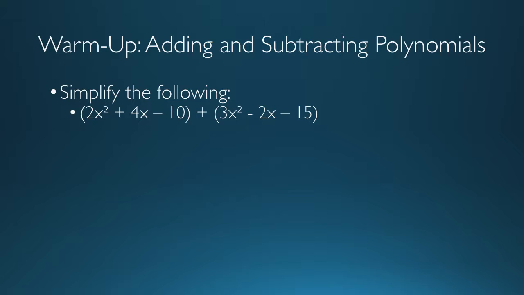So firstly, you need to add the following two trinomials: 2x squared plus 4x minus 10 plus 3x squared minus 2x minus 15.